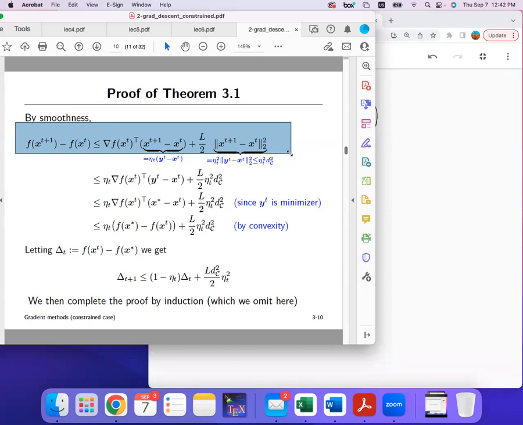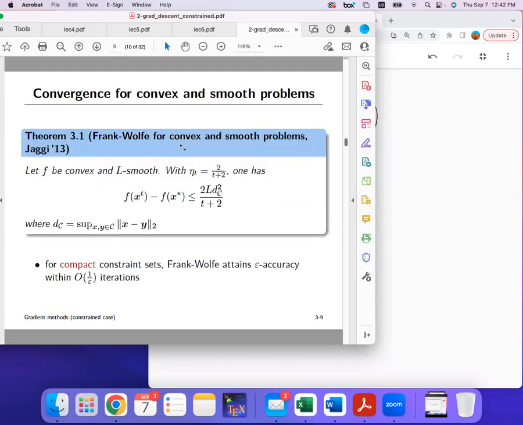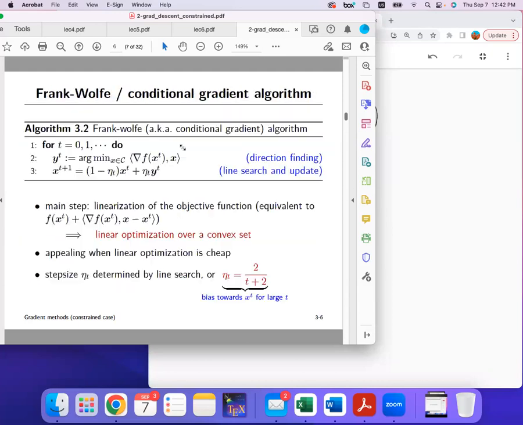Now we apply the update rule for x_{t+1} minus x_t. If you go back to the Frank-Wolfe algorithm, from line 3, you can see that if you move x_t from the right-hand side to the left-hand side, x_{t+1} minus x_t is negative eta t times x_t minus y_t.